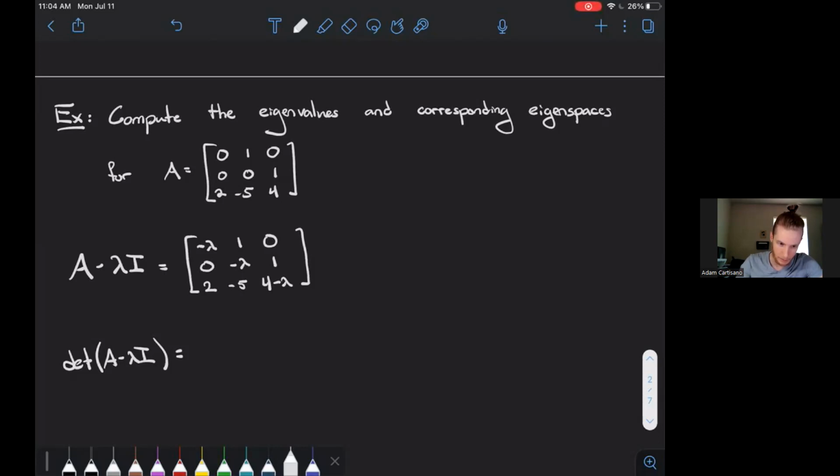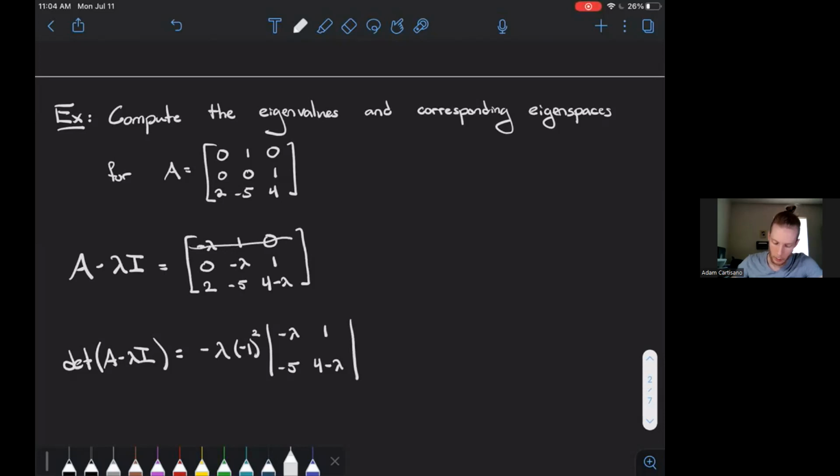So that's going to be negative lambda times negative 1 squared times the determinant of negative lambda, 1, negative 5, 4 minus lambda.